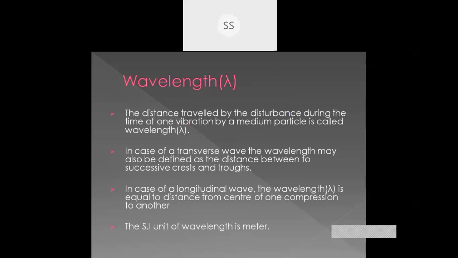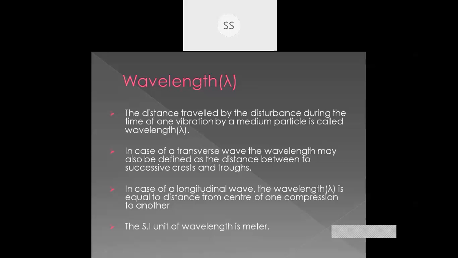So now wavelength. Wavelength is denoted by lambda. This symbol is called lambda. The distance traveled by the disturbance during the time of one vibration by a medium particle is called wavelength, lambda.